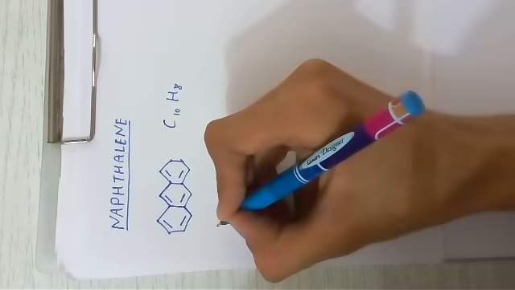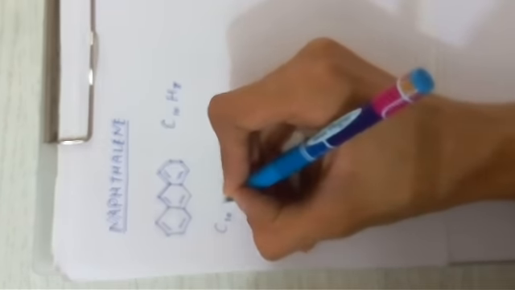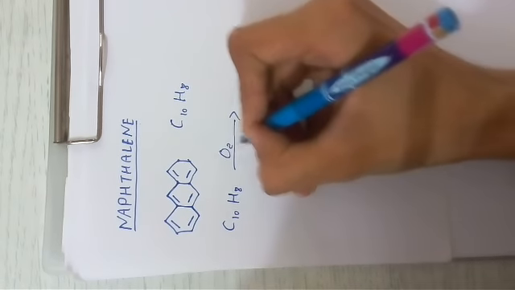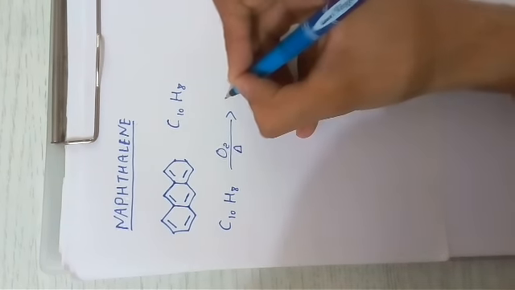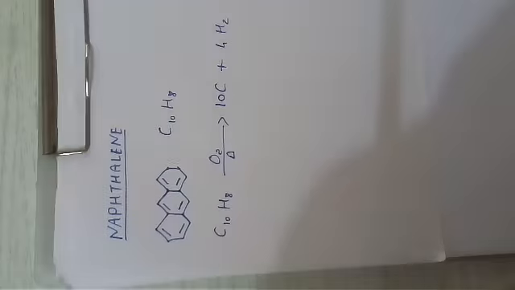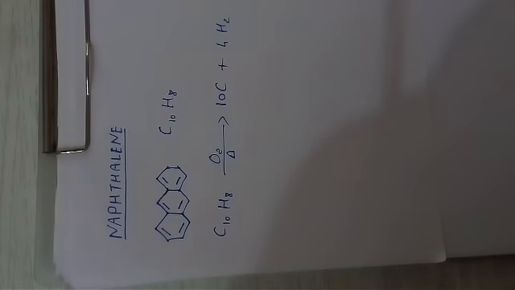This compound is aromatic. The reaction we're gonna do today is a combustion reaction, where C10H8 naphthalene undergoes combustion in the presence of oxygen, giving us 10C plus 4H2: 10 equivalents of carbon and 4 equivalents of hydrogen.